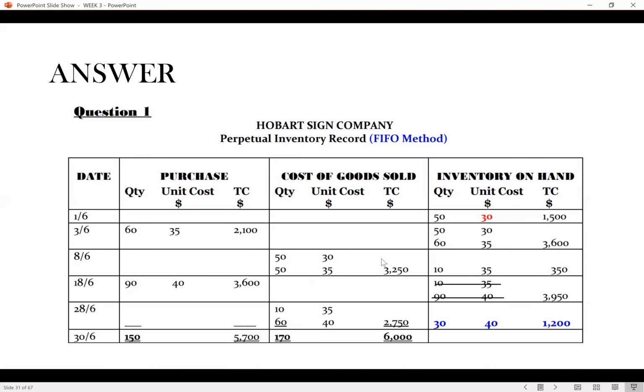We do the same thing for our cost of goods sold. Total quantity, we add everything, 170, and we sum our cost and we get 6,000. This cost of goods sold should be going somewhere else. Where?